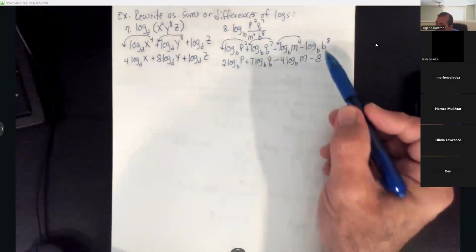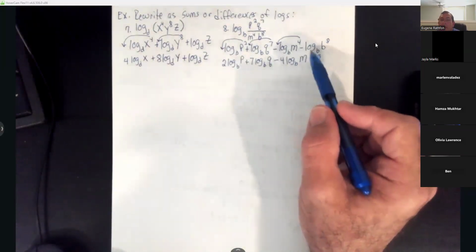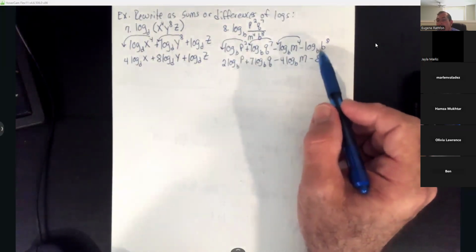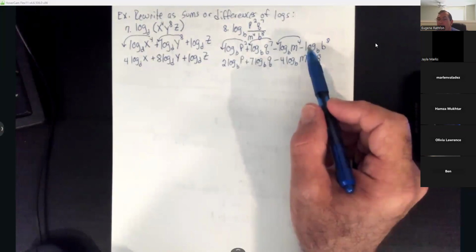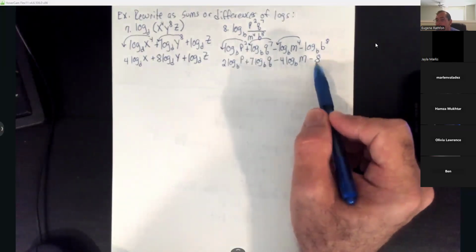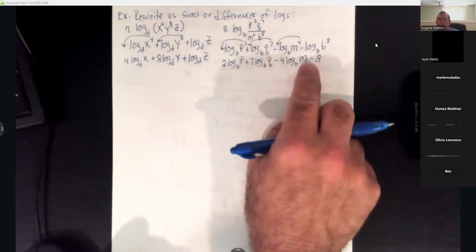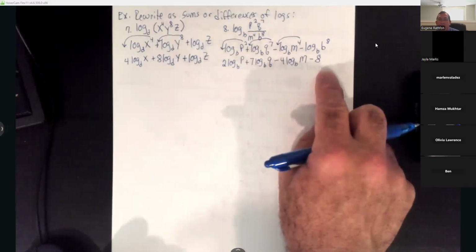Okay? Y'all, and that's because if you bring the 8 down, you get 8 times log base B of B. Well, remember, log base B of B is 1. So this becomes 8 times 1, which is basically the 8. You know, that's as far as I can go. I have no more exponents up there. Everything's brought out.